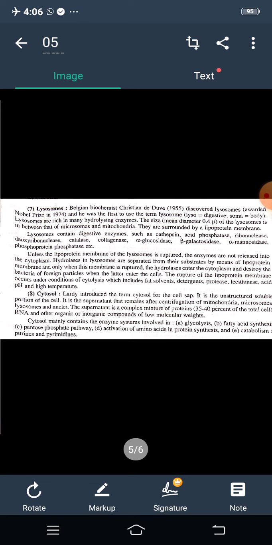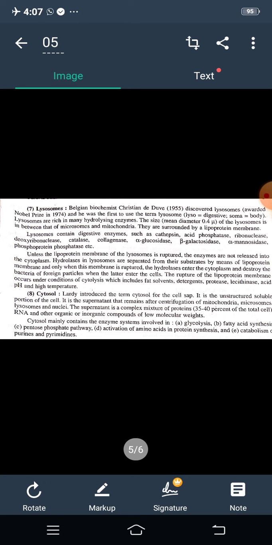Hydrolases in lysosomes are separated from their substrate by means of the lipoprotein membrane, and only when this membrane is ruptured do the hydrolases enter the cytoplasm and destroy bacteria or foreign particles when the latter enter the cells. The rupture of the lipoprotein membrane occurs under conditions of cytolysis, which include fat solvents, detergents, proteases, lactamase, acid pH and high temperature. Then lastly, we discuss the cell part of cytosols.